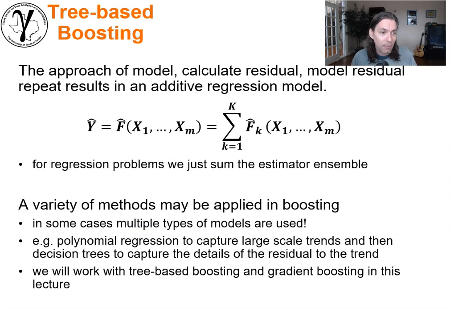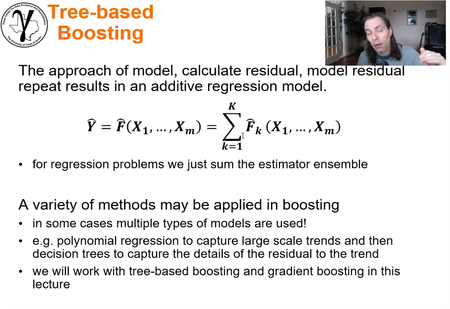So the approach is to model, calculate a residual, model the residual, repeat. And if you think about it, that's an additive model. In fact, the ultimate estimate that we're making is simply going to be the summation of all of those models. So this is really cool. So it's a very simple model.